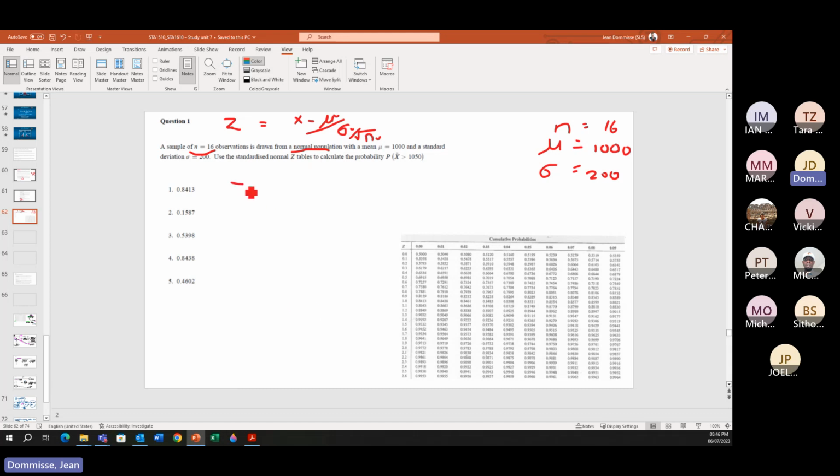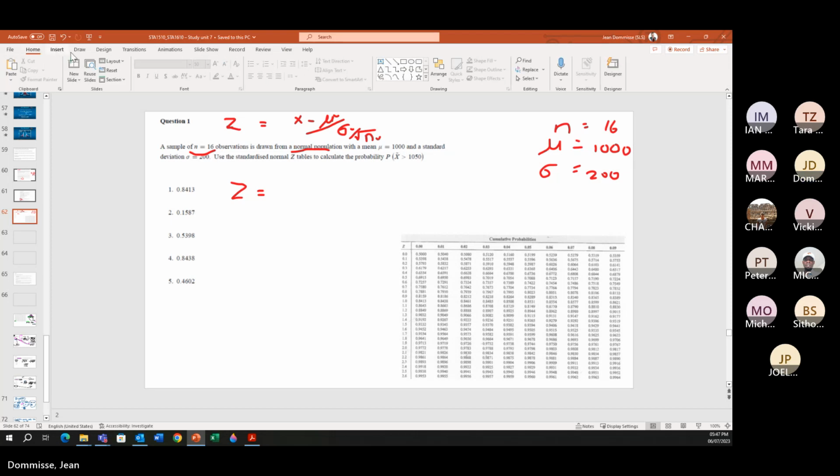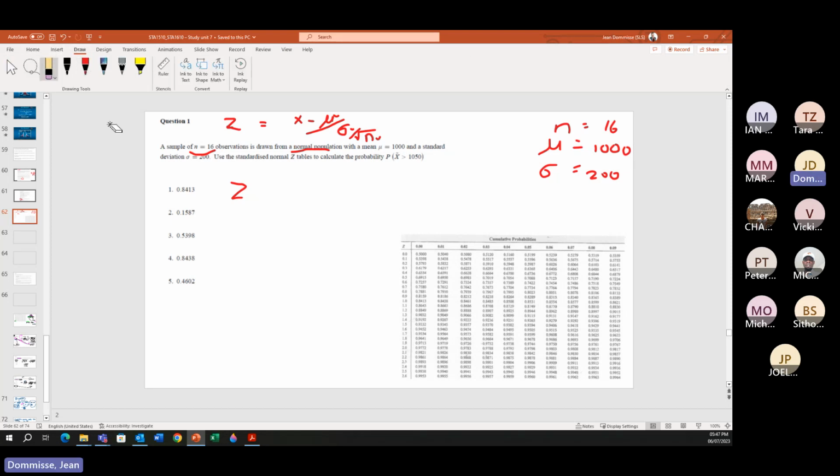Okay, so we can basically do that and say, they tell us bigger than 1050. We know that the mean is 1000. That will already give us 50 over something, which is just the easier one for me to calculate.